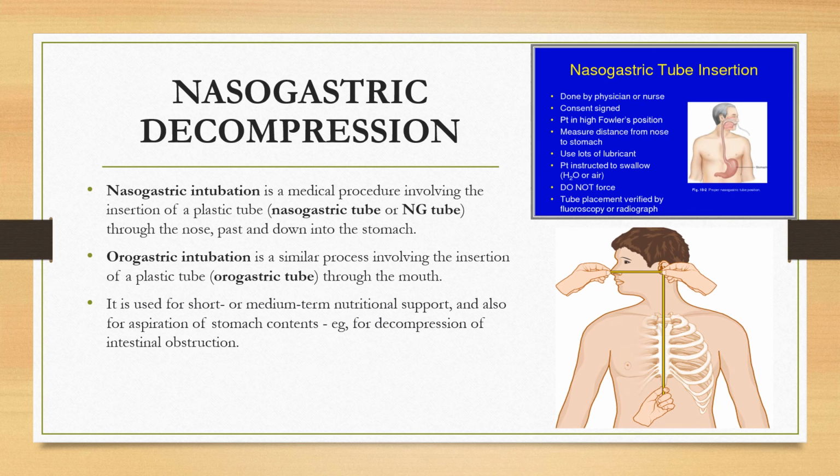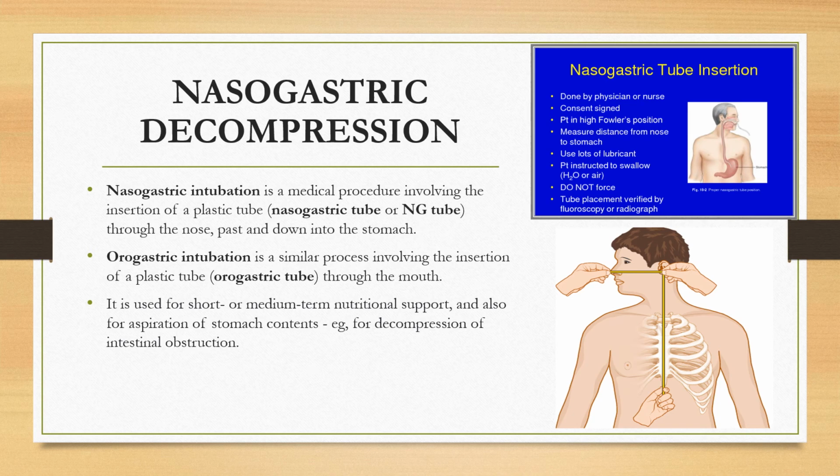They typically sign a consent for a nasogastric tube insertion since it's a procedure. The patient sits in high Fowler's position. We measure from the nostril to the earlobe, and then down from the earlobe to the xiphoid process, and we add them together, and that's usually around the distance.